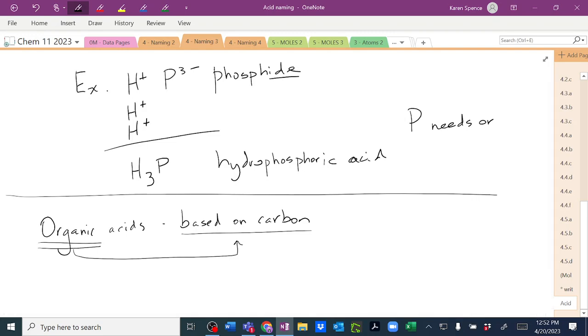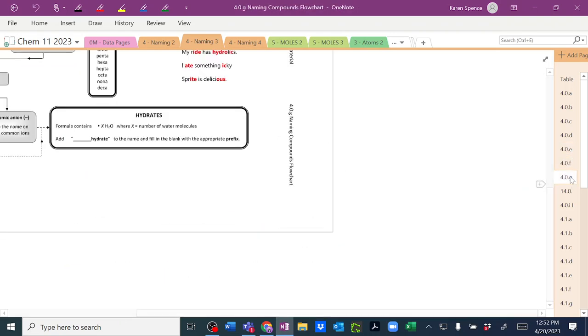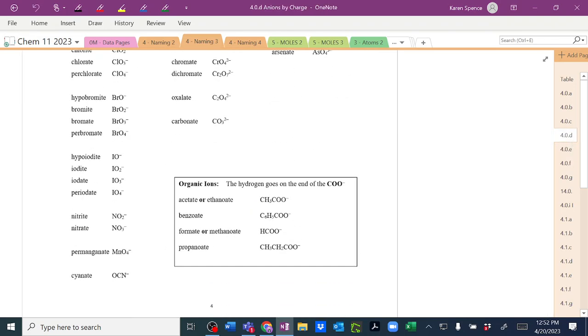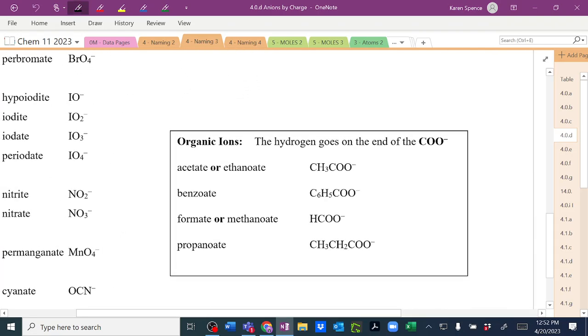So on the front page of that handout, you'll see the ions are arranged by alphabet. But if you flip it over, the ions are arranged by charge. And I would like you to flip to the back page because when we go to the back of that page, you can see at the very bottom, it says organic acids, so the organic ions.